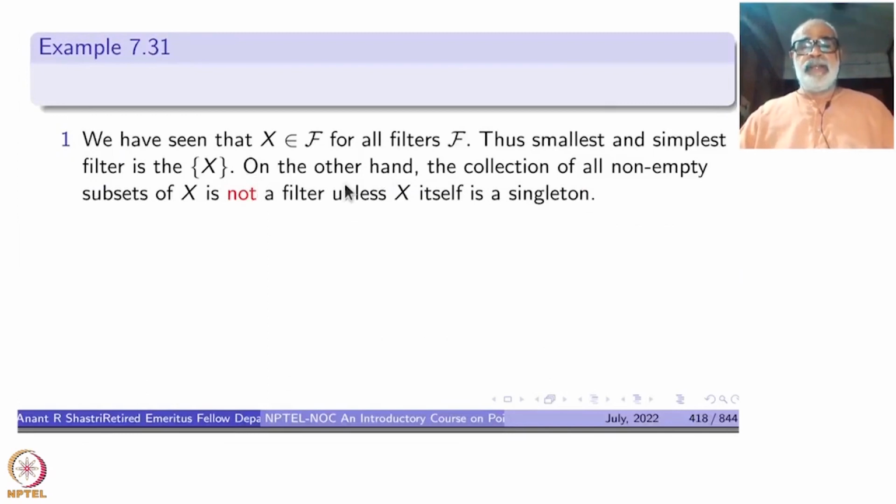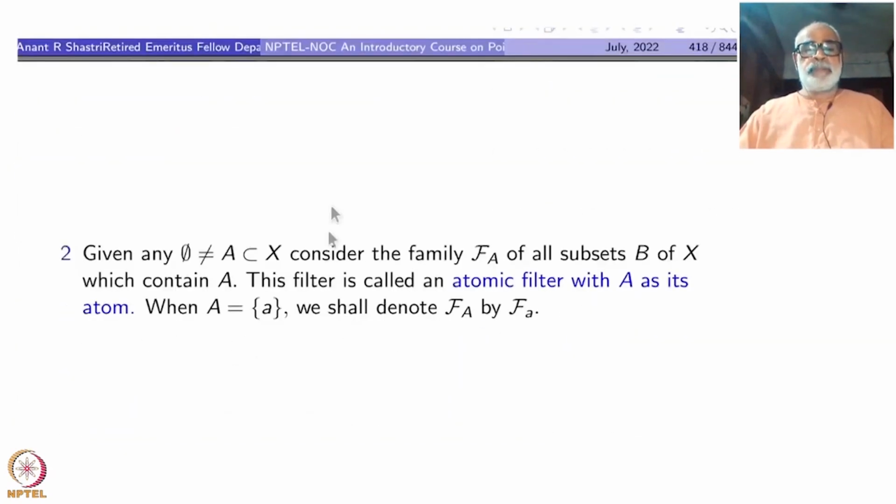Let us see some more useful examples. Given any non-empty subset A of X, look at the family F_A. This notation we will use again and again. Of all subsets B of X which contain A, including A of course, this filter is called an atomic filter with A as its atom.